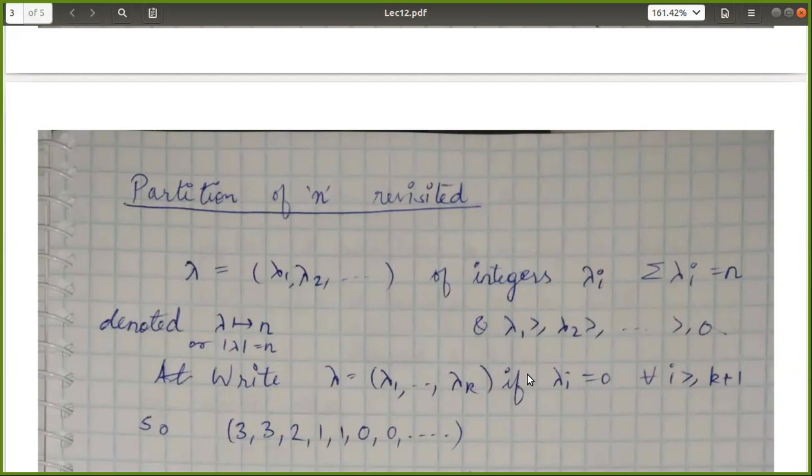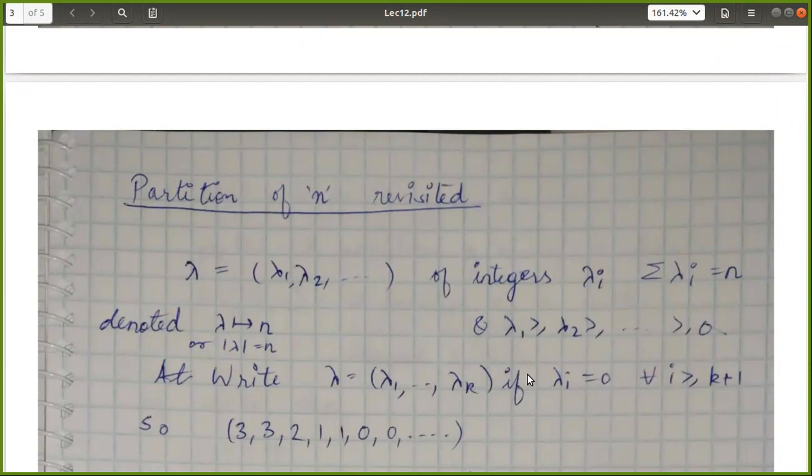Now we are interested only in those compositions of the natural number which are written as a non-increasing sequence. So the composition 1 plus 2 is no longer valid for me. I'm going to consider only the compositions 2 plus 1, because 2 is greater than or equal to 1, and 1 plus 1 plus 1, because 1 is greater than or equal to 1 greater than or equal to 1.